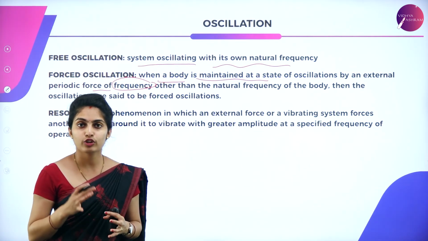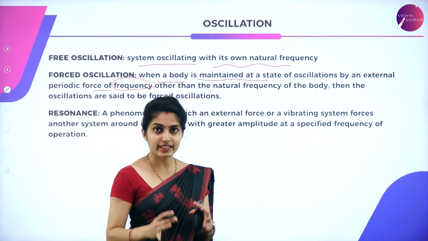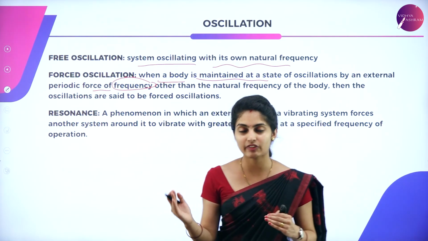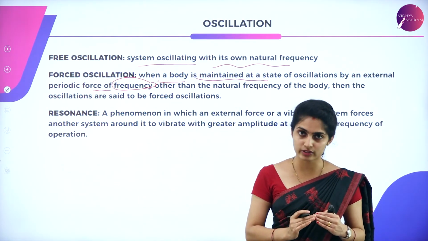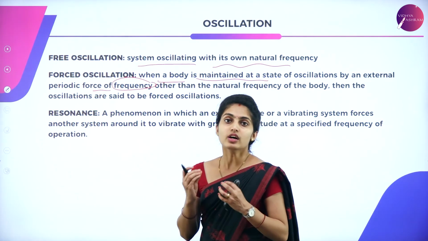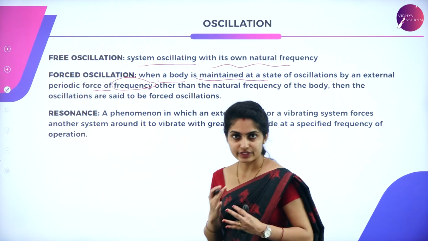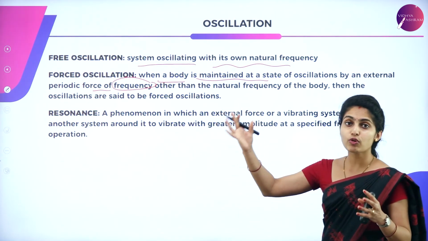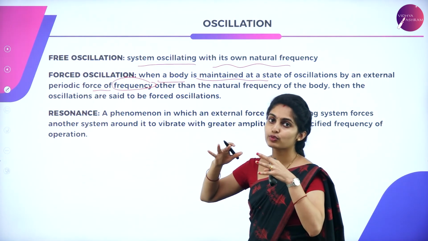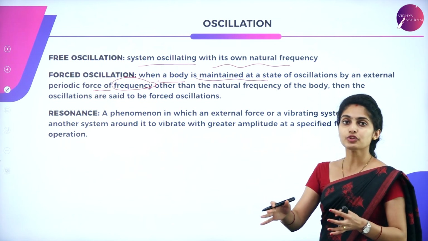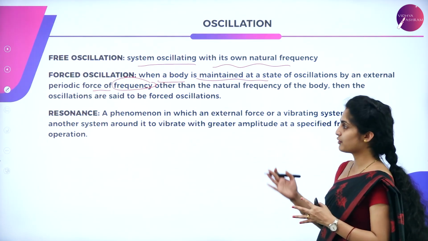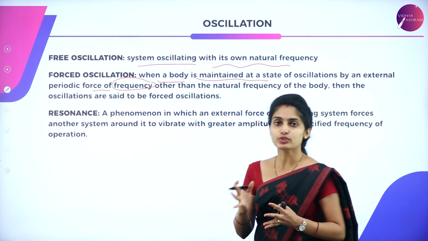A system always possesses a natural frequency, and when an external force is applied, it oscillates with the external frequency, which is also called the forced frequency. Such oscillation is known as forced oscillation.